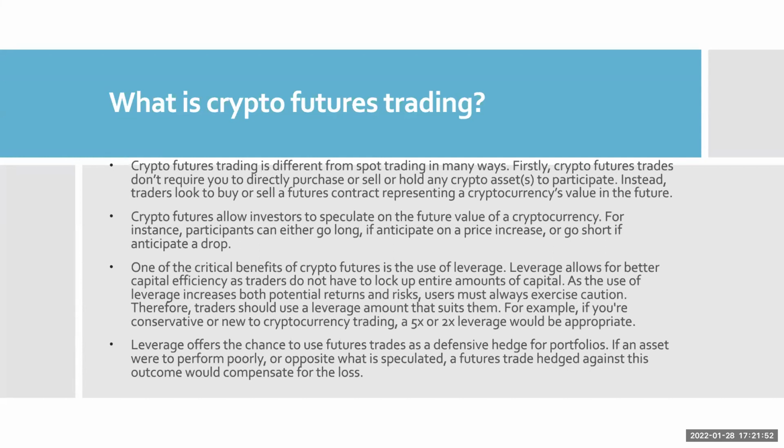So you're looking to buy or sell a futures contract representing a cryptocurrency's value in the future, predicting whether it's going to go up or down. This is all that you're doing, which is completely different from buying the actual asset.